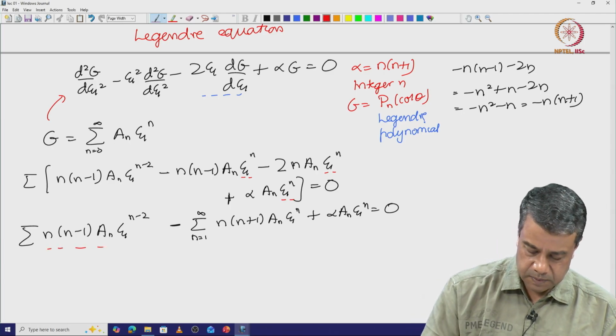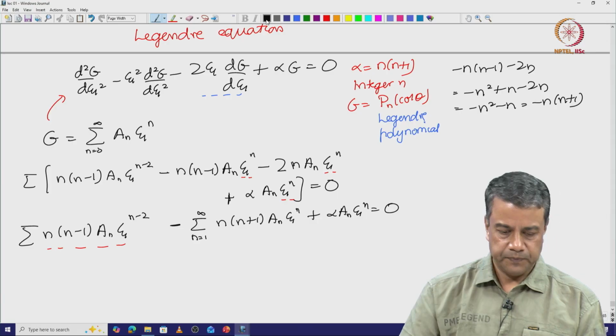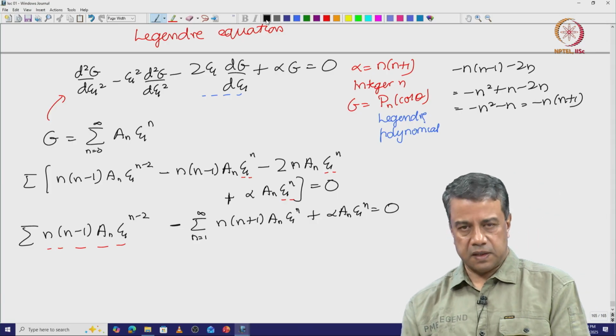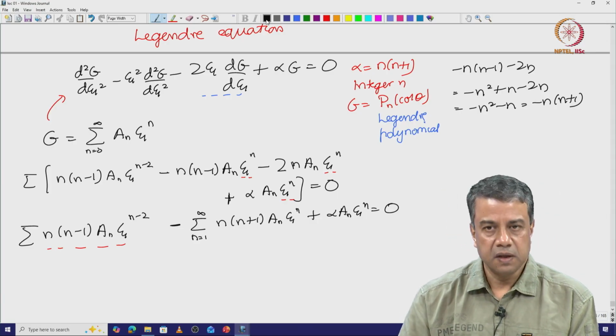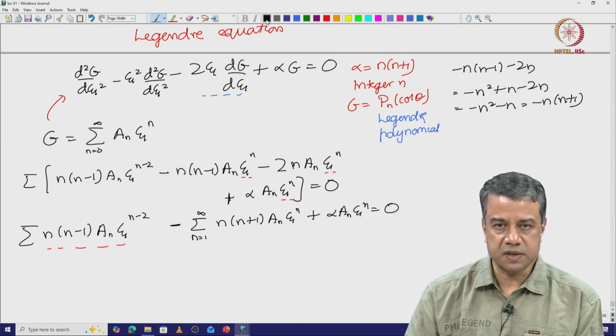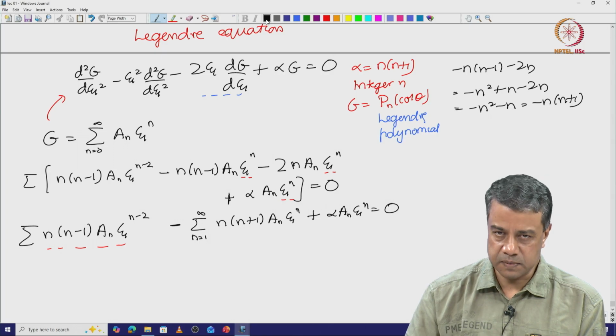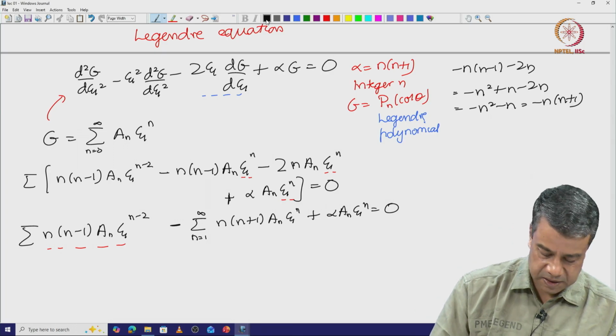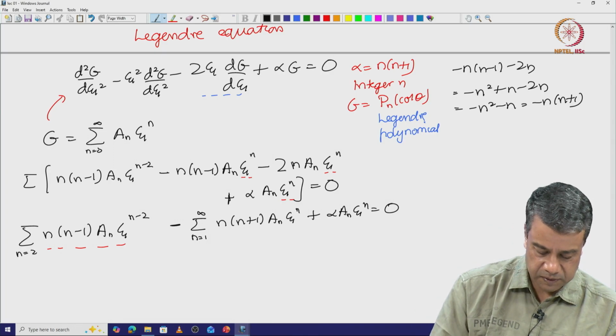In this first term on the left hand side, what can be done is to do the summation. For n equal to 0 and n equal to 1, this term is 0, because for n equal to 0, n is 0, and for n equal to 1, n minus 1 is 0. So, the summation is basically from n equal to 2 to infinity.